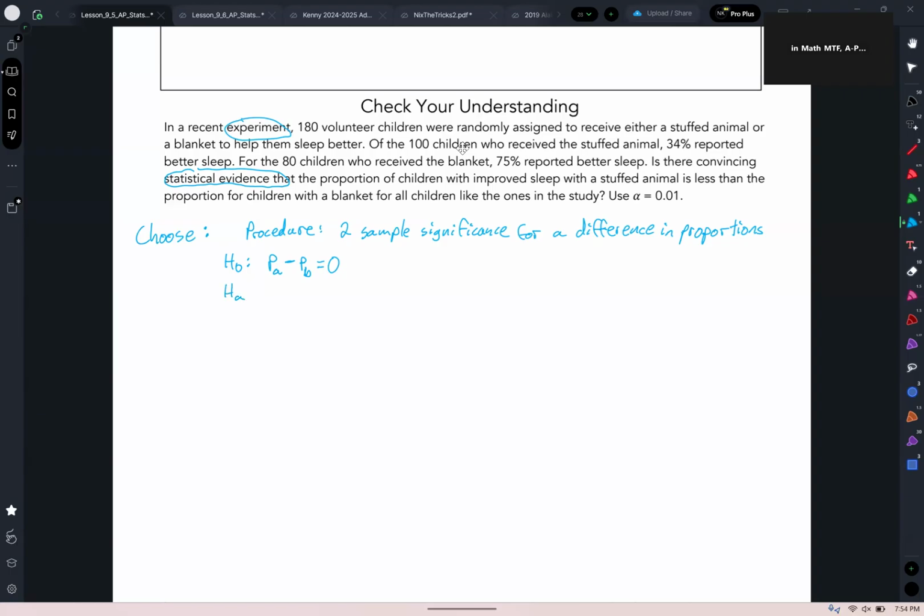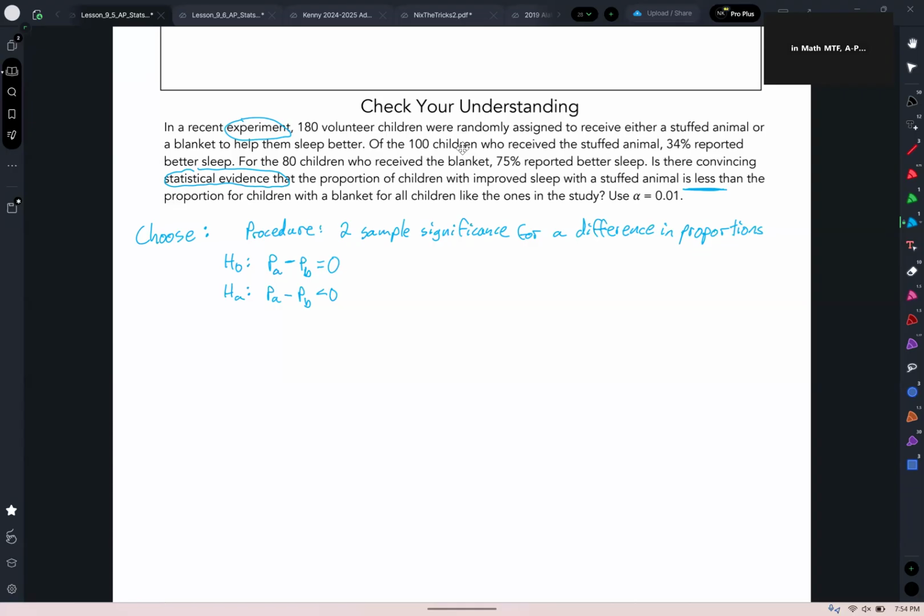And so alternative, let's look to see what it says. That the children with improved sleep with a stuffed animal is less, right? There is evidence, right? 34% is way less than 75%, but is it statistically significant? So if it is less, then the blankets are doing better. That's a higher proportion. And so when I subtract, I get a negative. So the alternative is that the difference in those true proportions is less than 0.